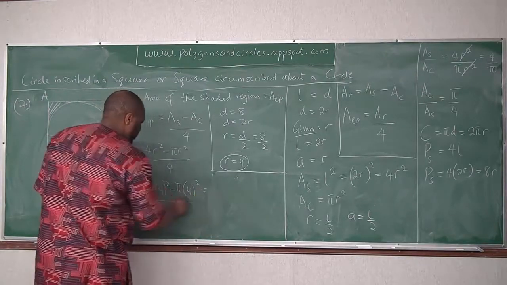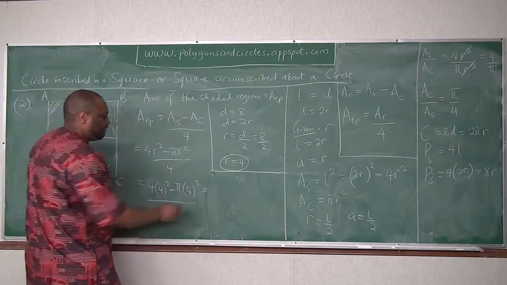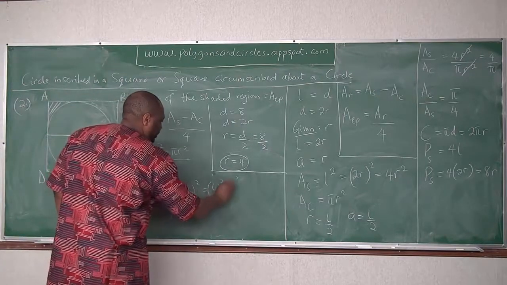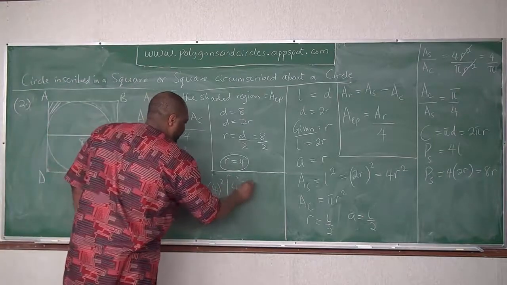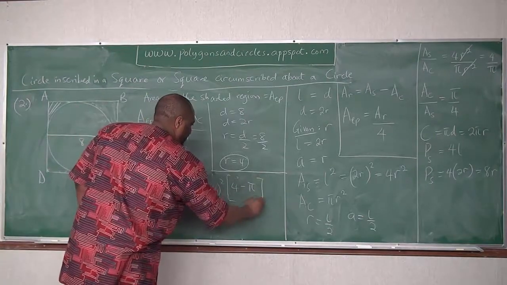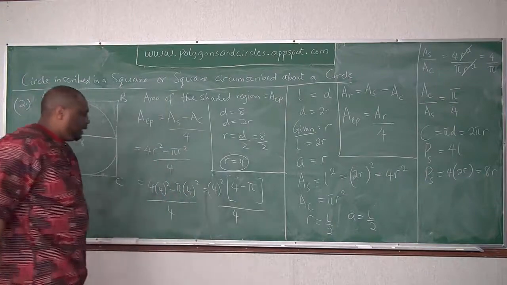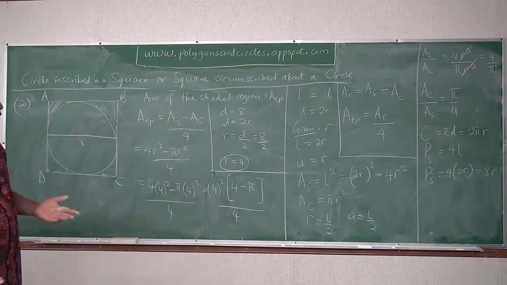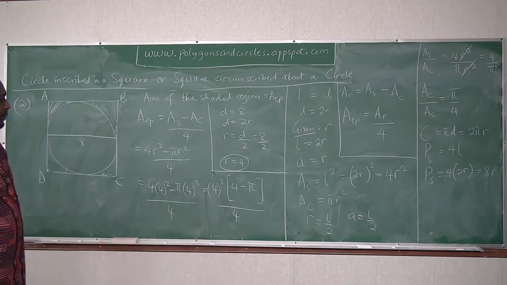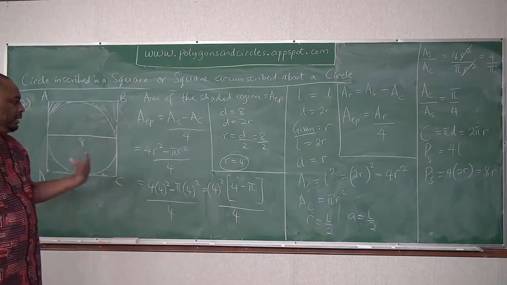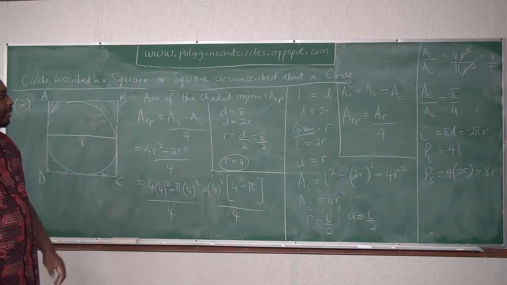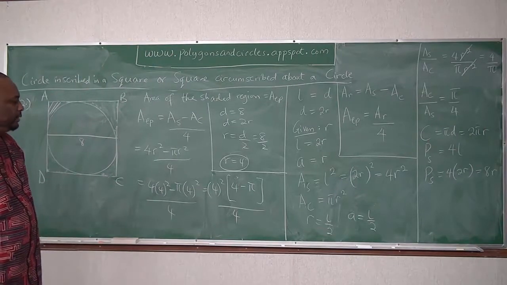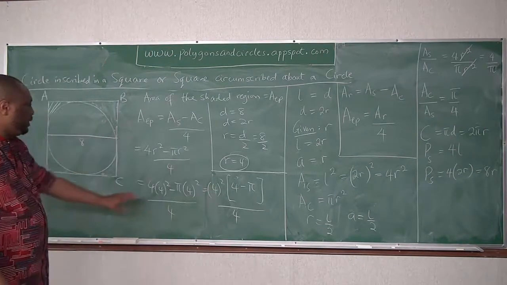Now 4 squared is common, so I can bring out 4 squared, and I have 4 minus pi all over 4. I am doing this without a calculator, so I really want to make it easy for me. You can do it the way you like. So I factor out 4 squared because it's common.